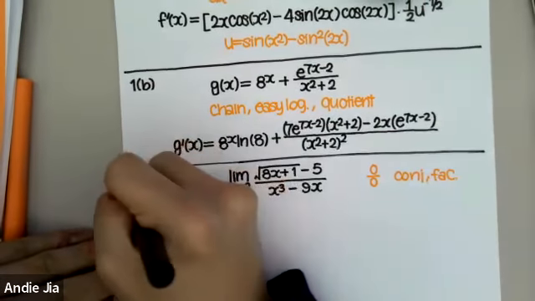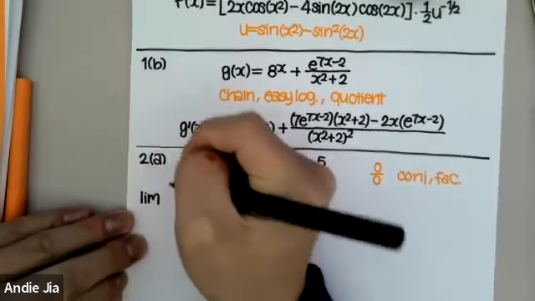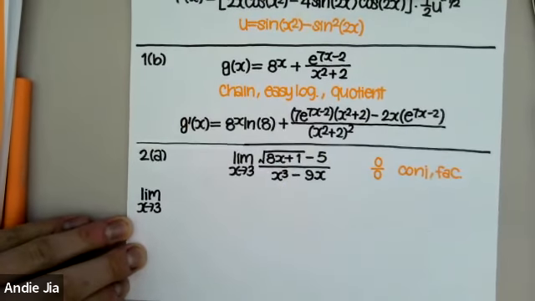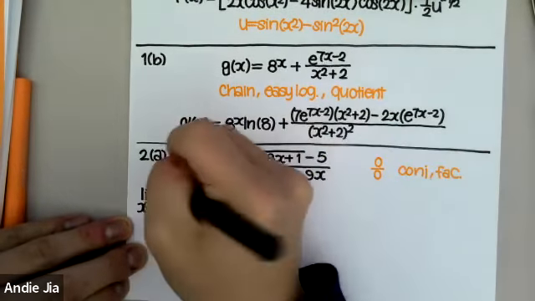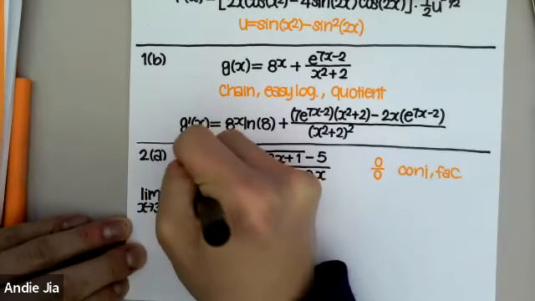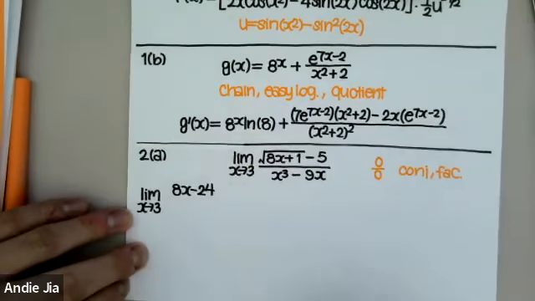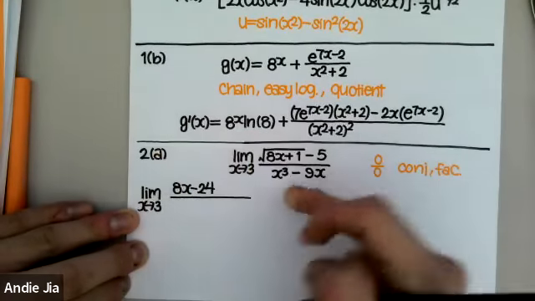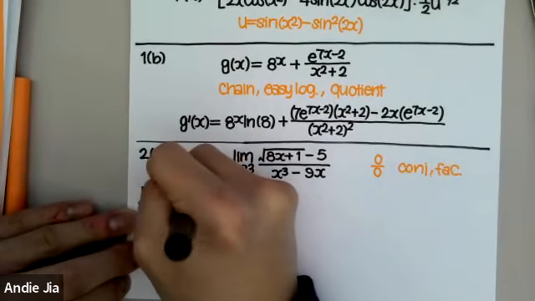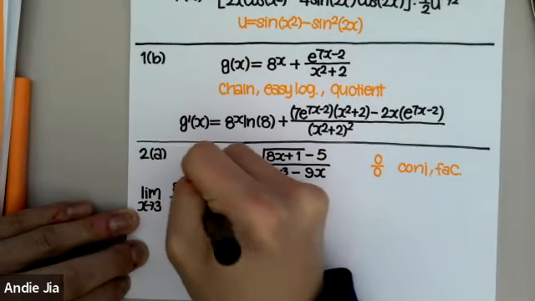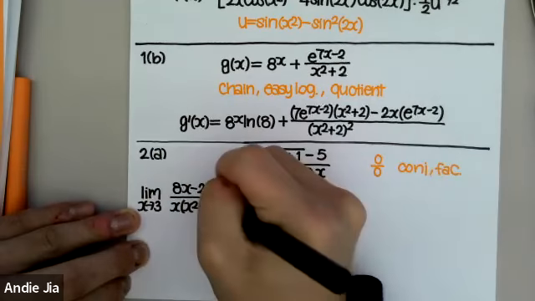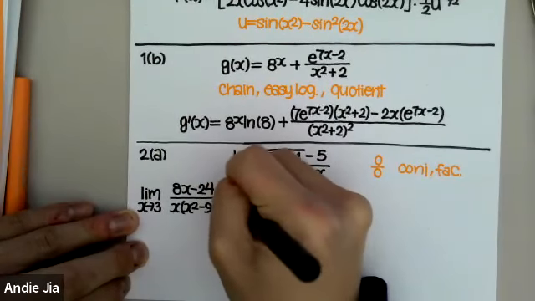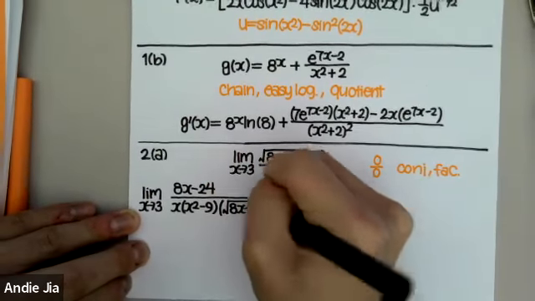So we have a limit. You can see it up on camera. For the conjugate, it's just gonna be 8x minus 24. I just omitted the conjugate form because we have very limited space here. And we factor x out of here, x squared minus 9, and we have the square root of 8x plus 1 plus 5.